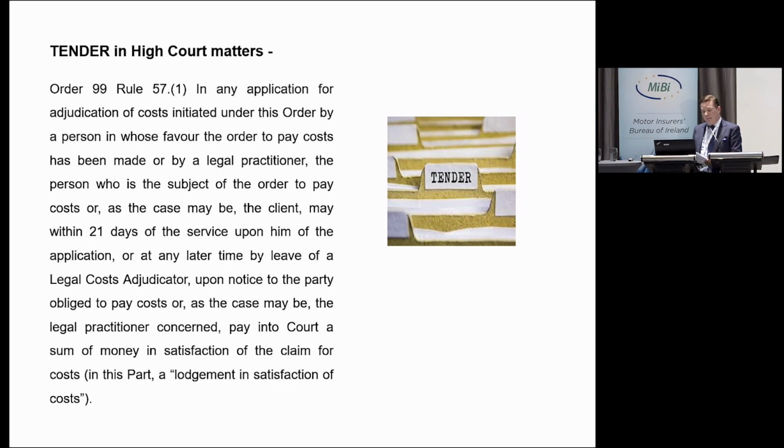Interestingly, plaintiffs, if a competitive tender is made, they back off. Over 90% of them will accept it, and they will accept it even though it isn't the figure that might adjudicate, and that's subjective too, as you know.